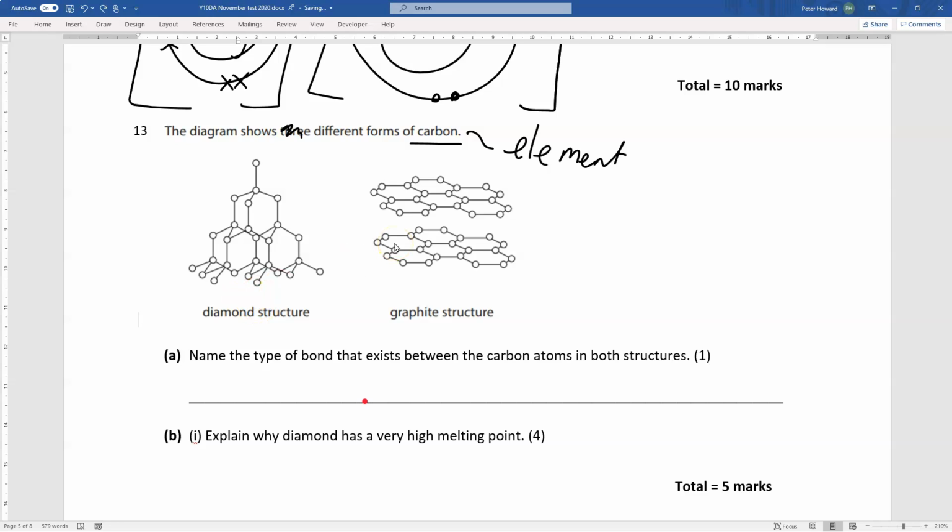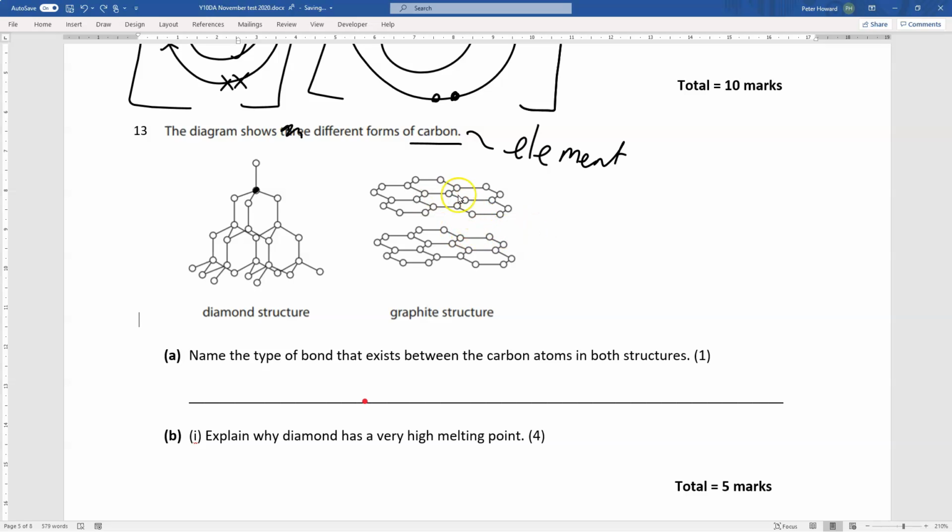So again, we could look at diamond first. We could choose some select atoms, and we can see that some carbons shown are bonded to 4. Now in reality, each carbon is bonded to 4 other atoms in this sort of tetrahedral arrangement, but to simplify it, they haven't shown all of it.